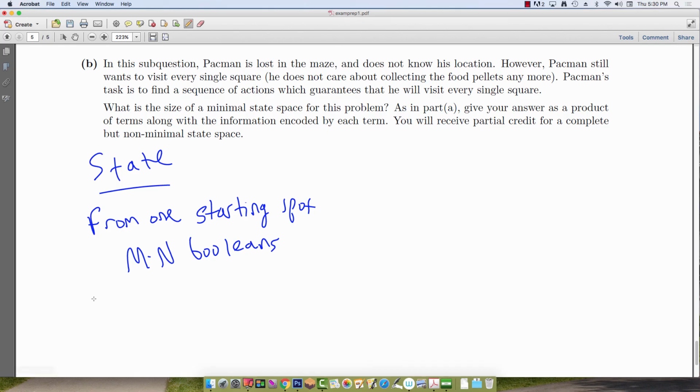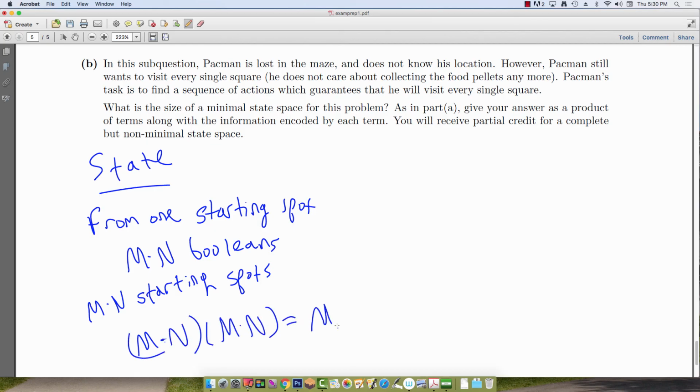And how many starting spots are there? There's a total of m times n starting spots. So therefore, the number of booleans that we have is mn times mn, which is equal to (mn) squared booleans.